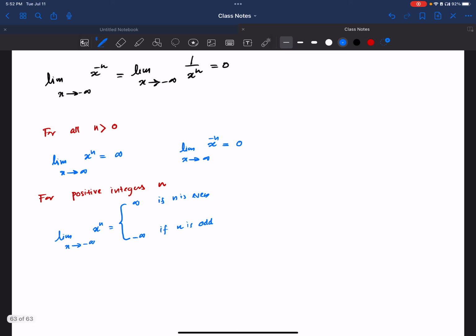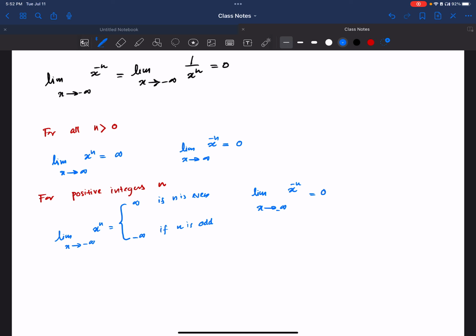And the limit as x goes to negative infinity of x to the power negative n goes to 0.